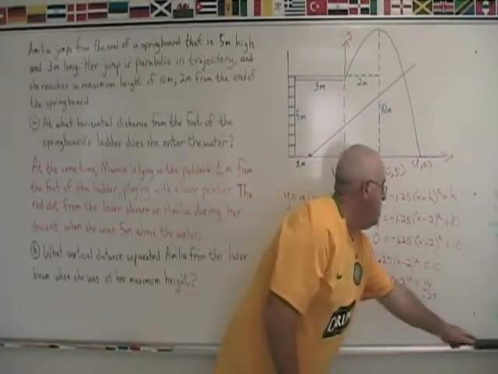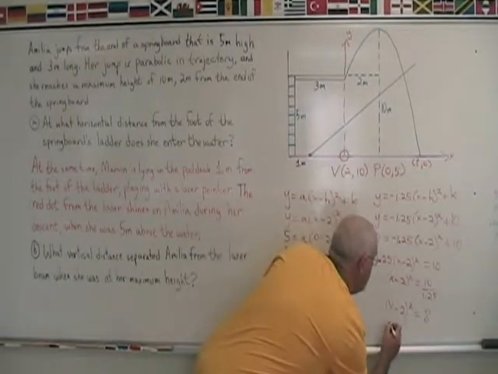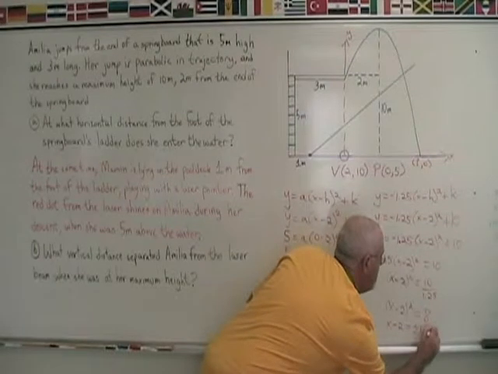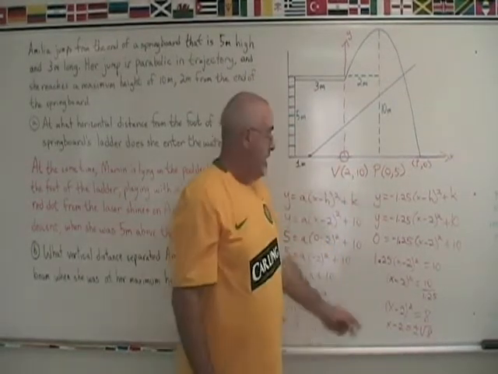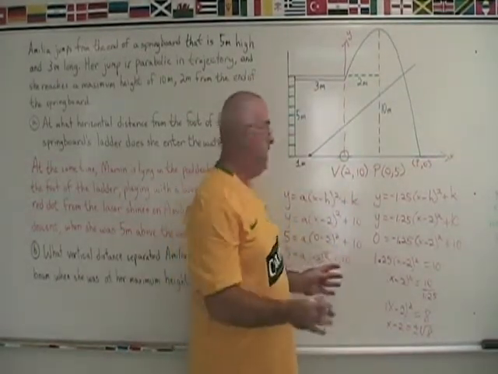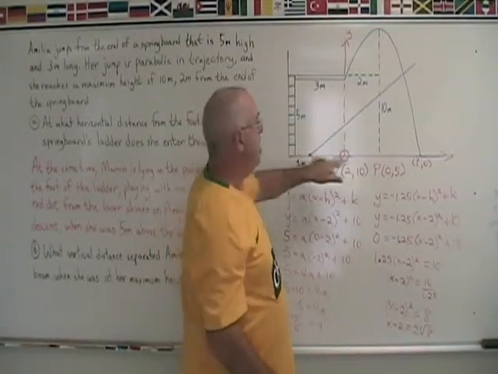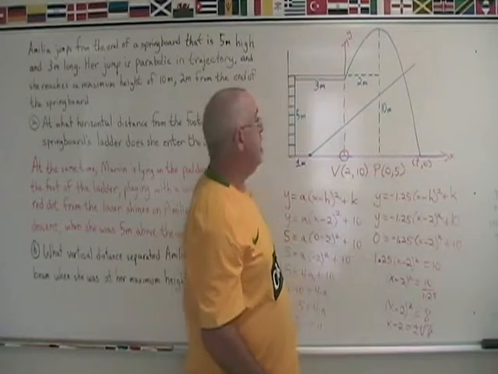And therefore, if I square root both sides, I get x minus 2 equals plus or minus the square root of 8. I can now solve to find both of the zeros, which will tell me a point over here that I don't need to answer the question, and this point that I've been looking for all along.